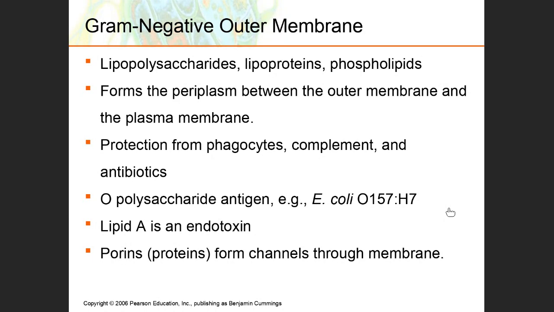Certain antibiotics either cannot penetrate the membranes, right? So the antibiotic can't get through to kill the bacteria. Or an antibiotic like penicillin, which targets peptidoglycan synthesis, has no effect on gram-negatives because they don't need much peptidoglycan. They've got two membranes and just a little bit of peptidoglycan to begin with.